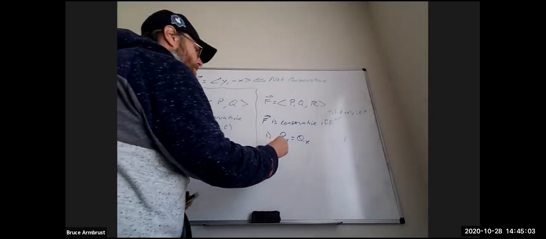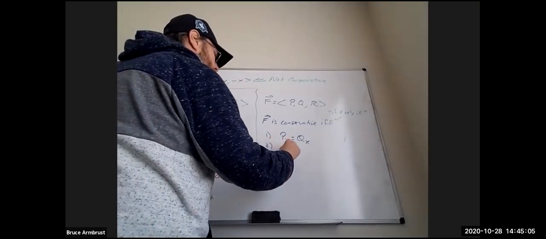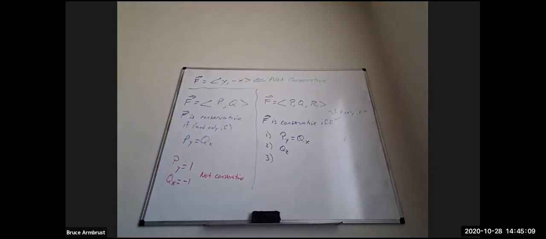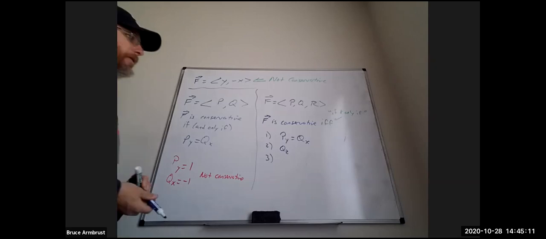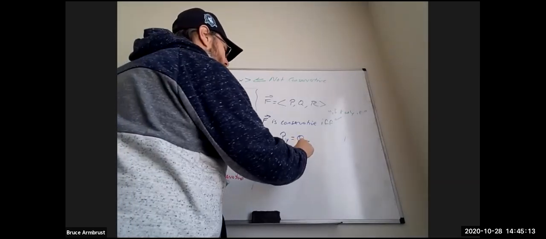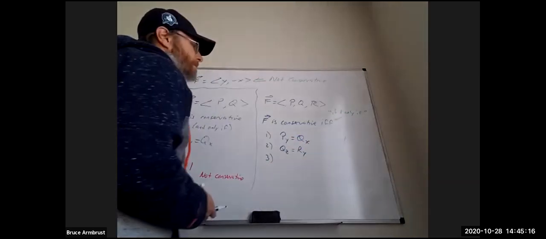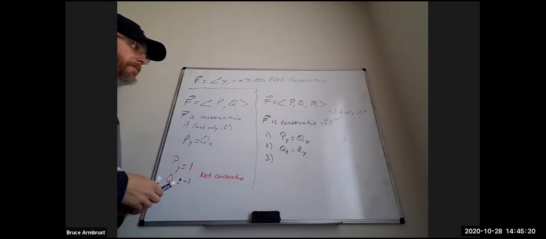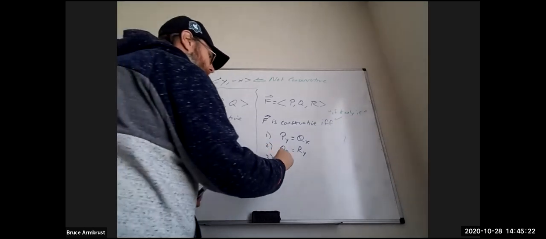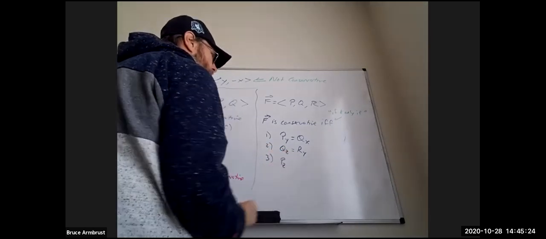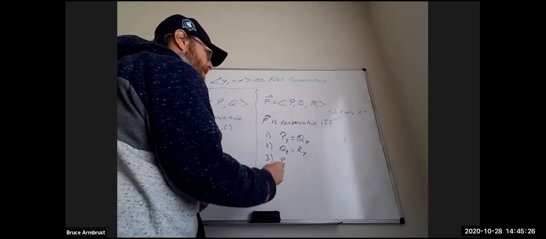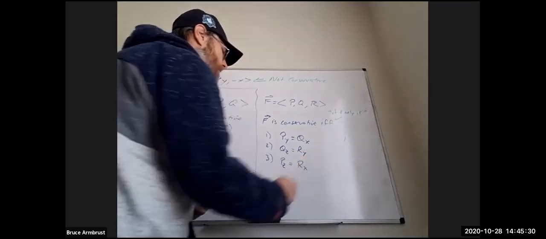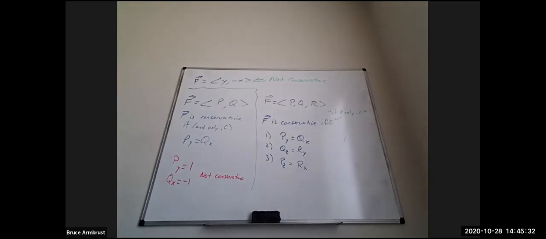All right, but then there are a couple more. The partial of q with respect to z has to equal the partial of r with respect to y. And then lastly, the partial of p with respect to z has to equal the partial of r with respect to x.